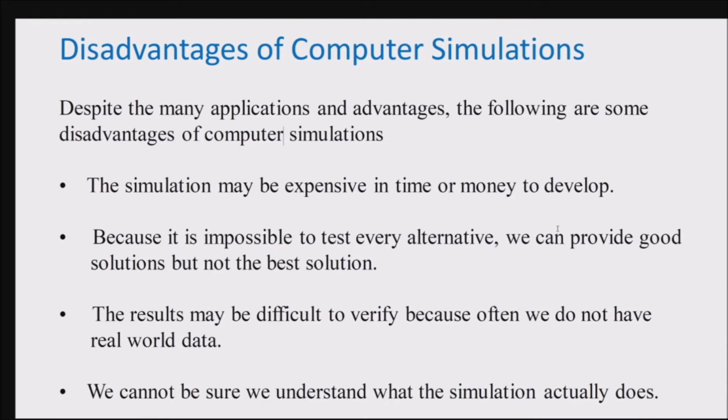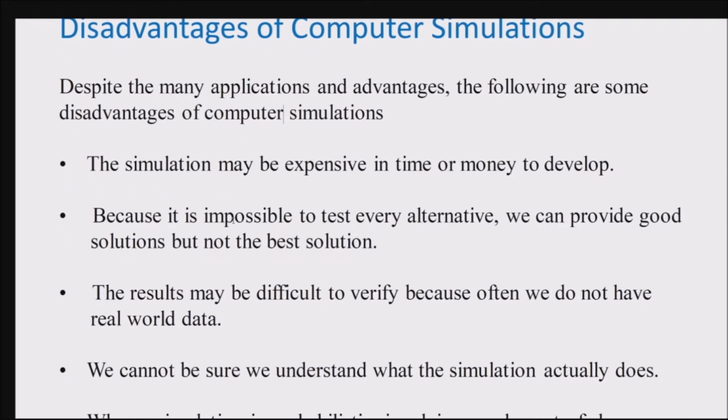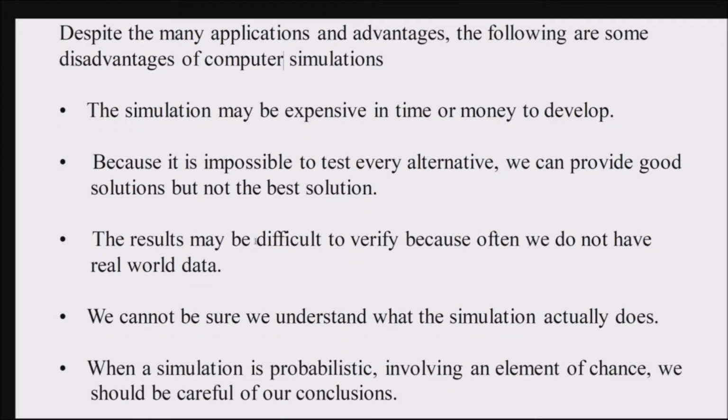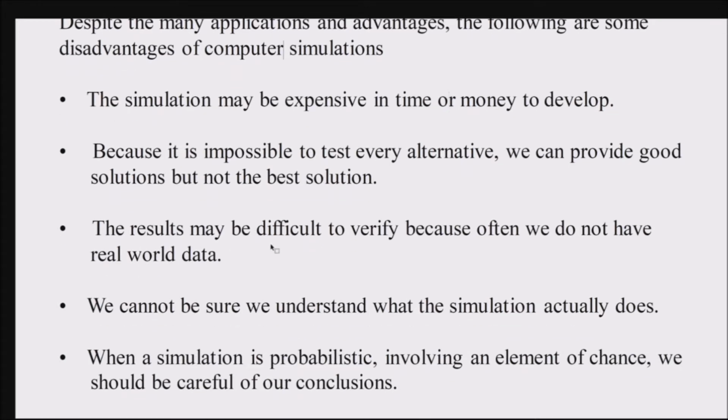Okay, so the others are, right, it is impossible to get an accurate test of exactly what is going to happen this way. You cannot say that, right? So that is the other problem. This is just an estimation. It's never going to be exactly, you cannot say 100% accurate, right? There are some flaws, because of the assumptions and the parameters you are applying, and the results may be difficult to verify.